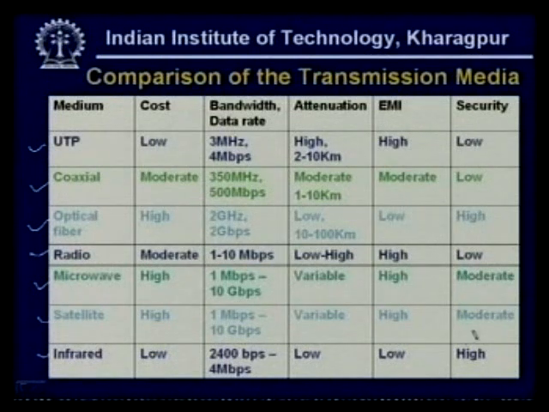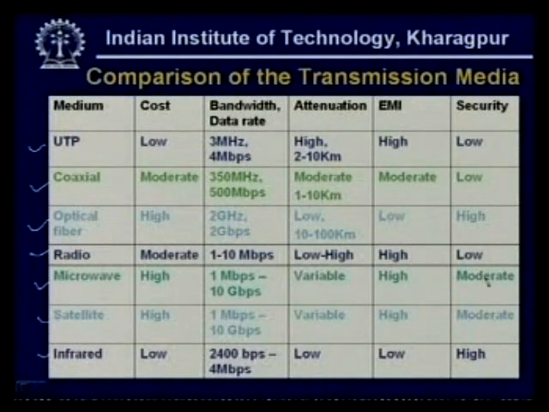So far as security is concerned, as we know, the UTP and coaxial cable are not at all secure. They are prone to eavesdropping. On the other hand, optical fiber has very high security. Eavesdropping is very difficult. On the other hand, radio wave, since it is broadcast in nature, has very low security.